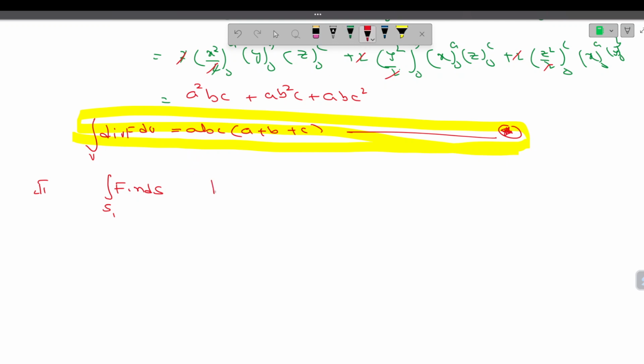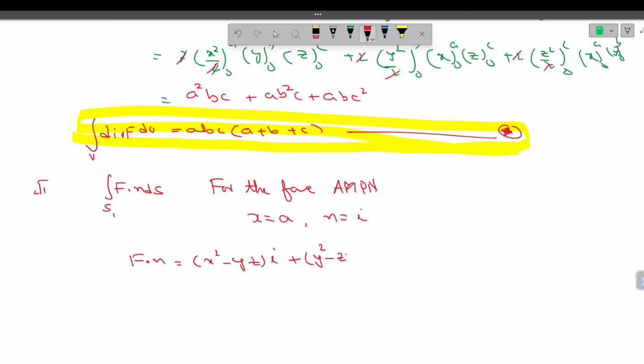So for this face, x equals a and n equals i, unit normal. So F dot n equals (x² − yz) i plus (y² − zx) j plus (z² − xy) k, dot product with n, which is i.